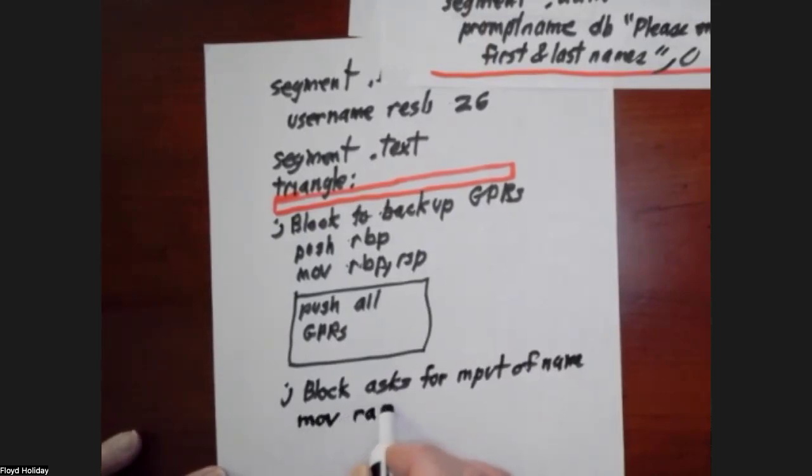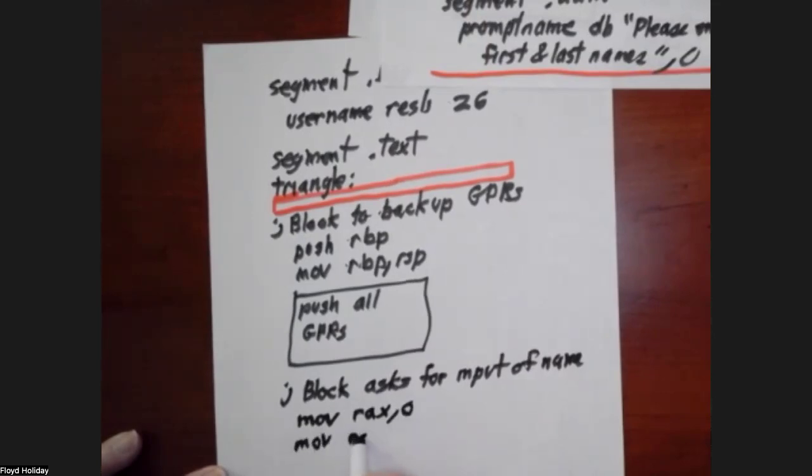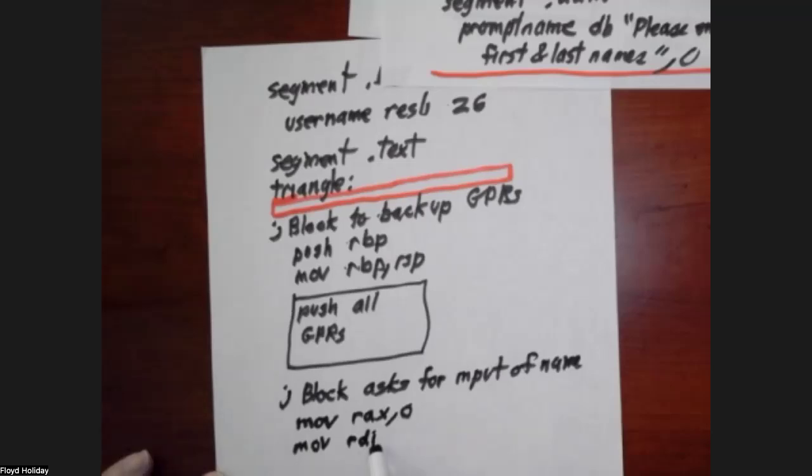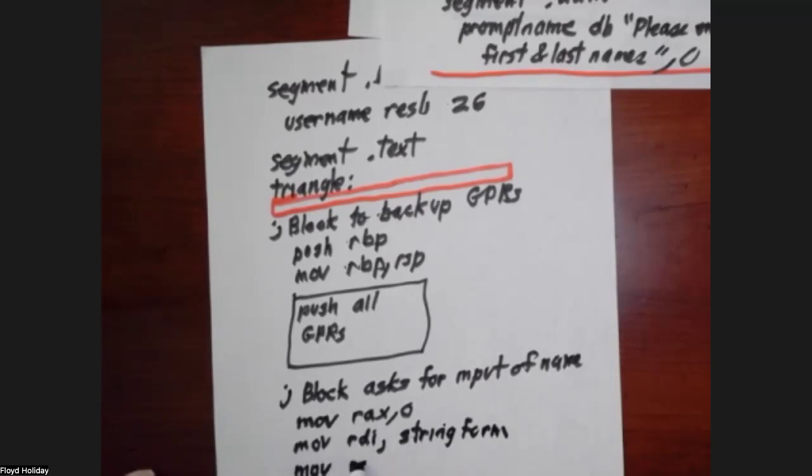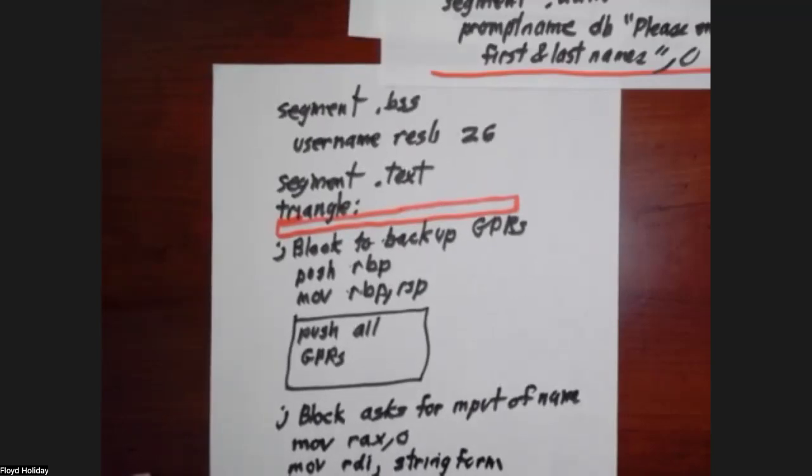Move RAX, 0, move RDI. Let's be very formal. String form. That's fine. What was the name of that?